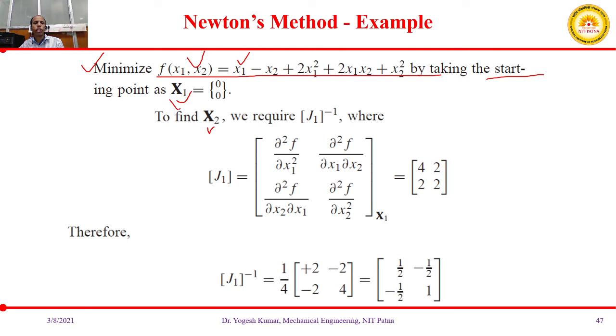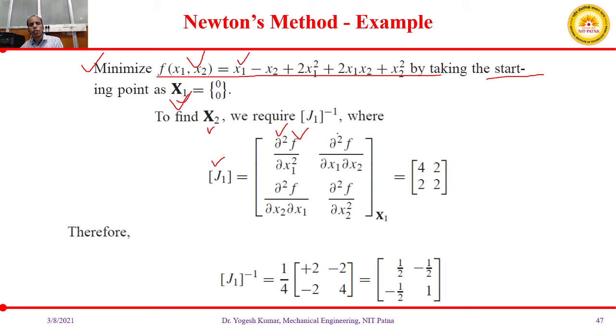So this is your starting point, and you are calculating J1 equal to the second partial derivatives: del square f over del x1 square, del square f over del x1 del x2.